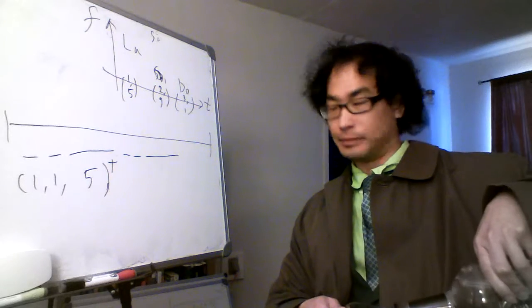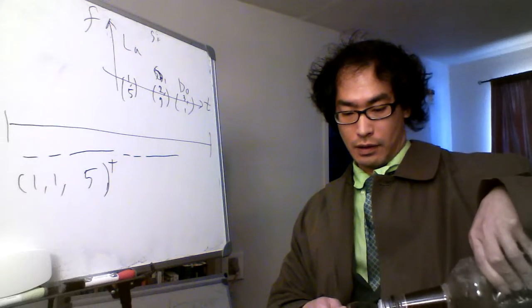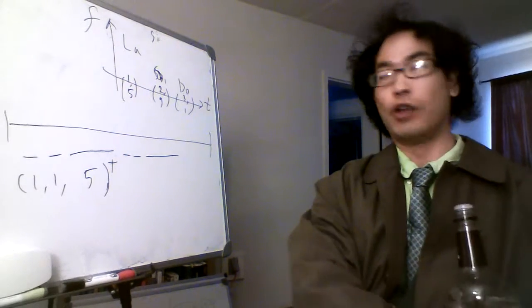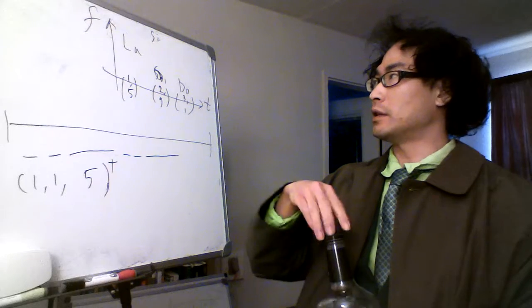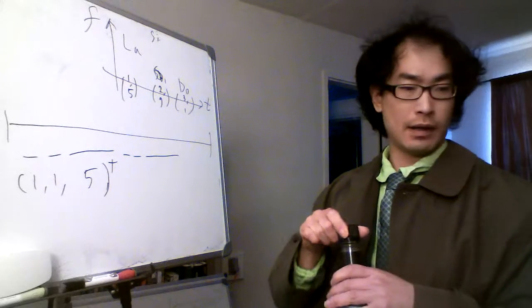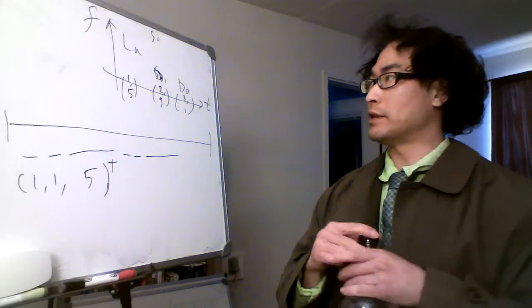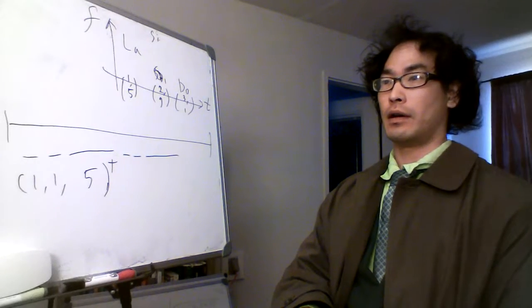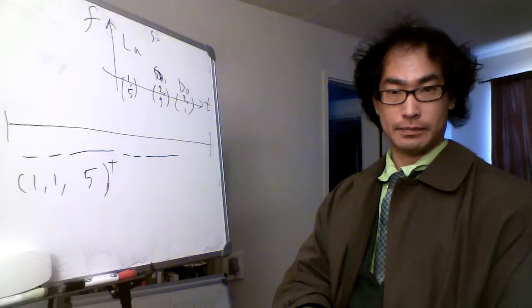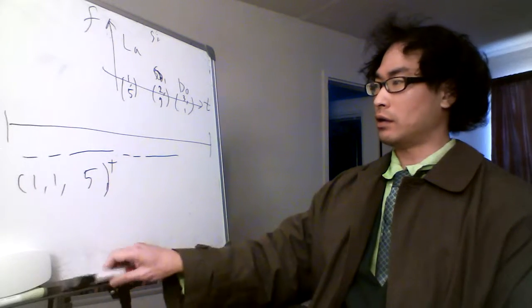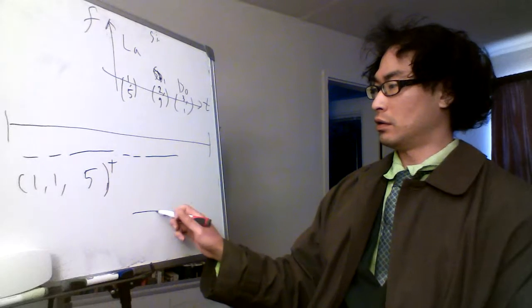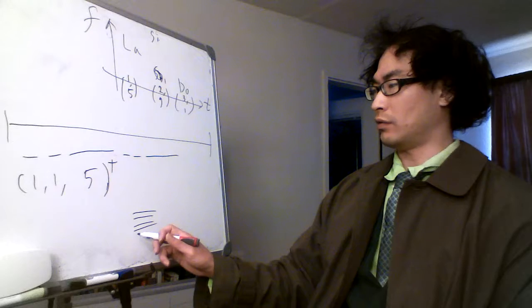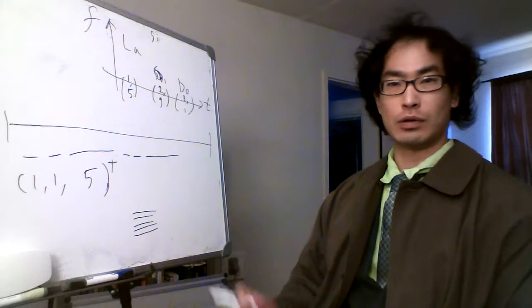So a note can be represented as a two-dimensional vector. In sheet music you have what, five lines? I guess. It's been a long time.